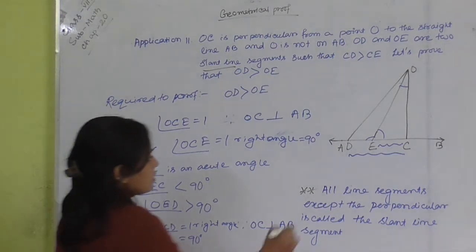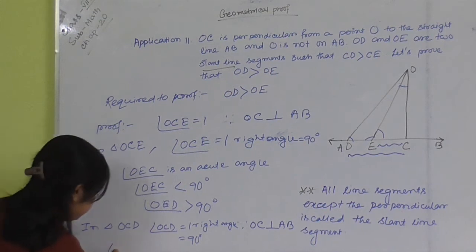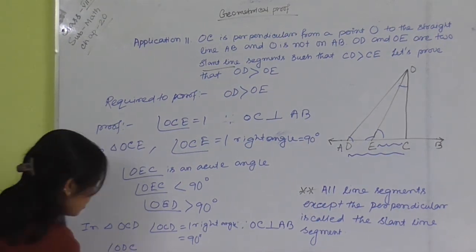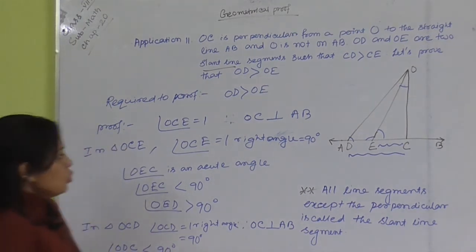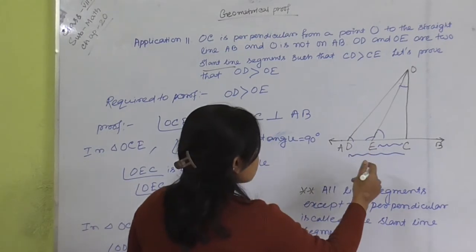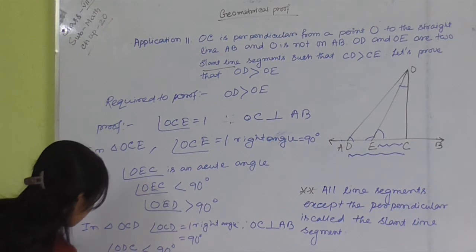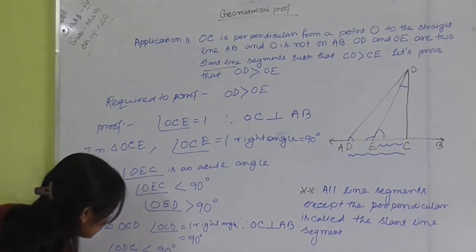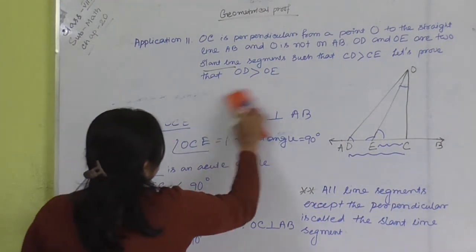Then this angle must be an acute angle, ODC is an acute angle, that means less than 90. So we can write ODE less than 90.